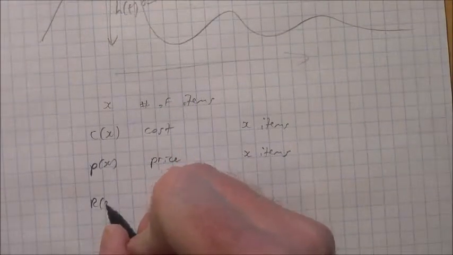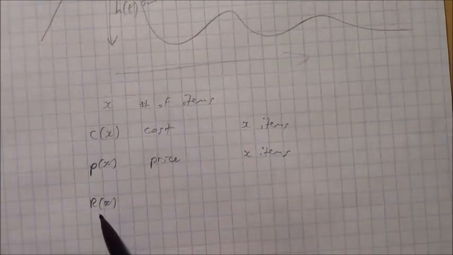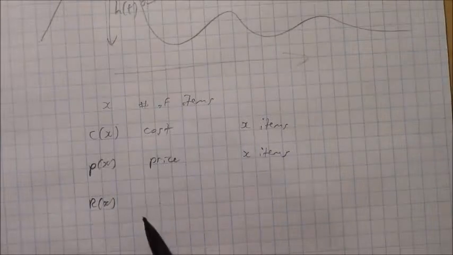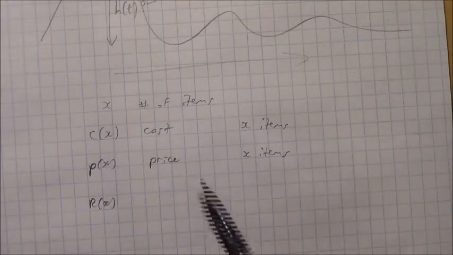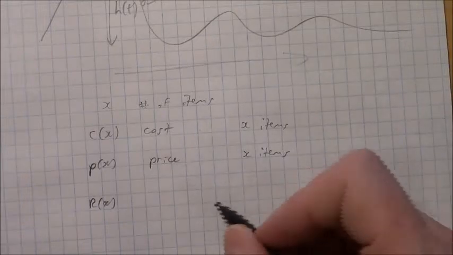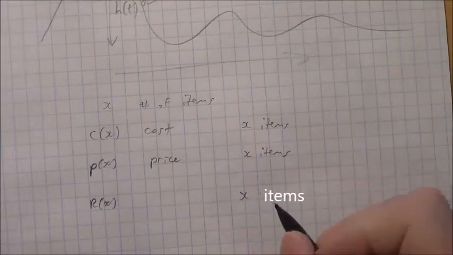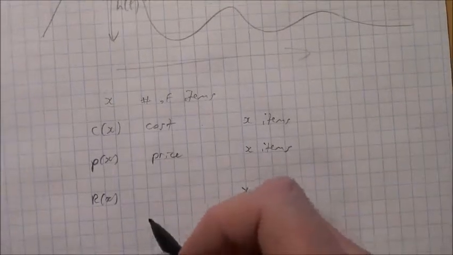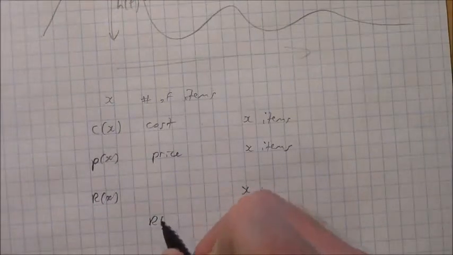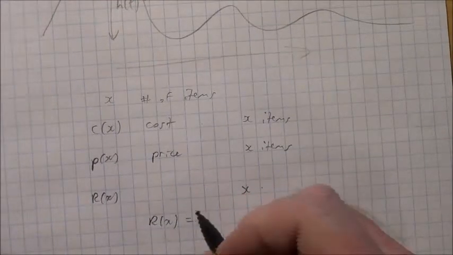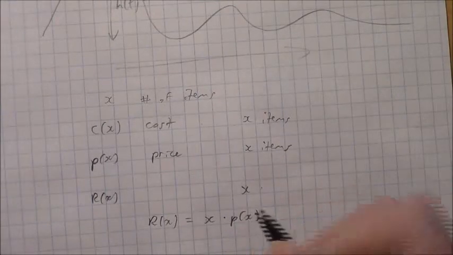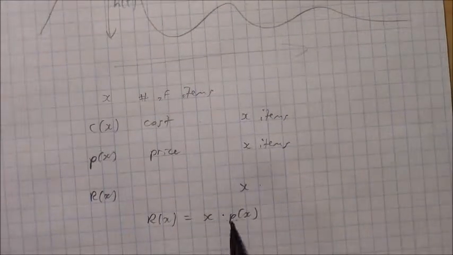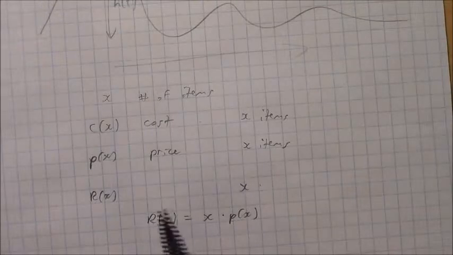We look at capital R of x, which is the revenue function. So that's revenue from selling x items. And so revenue is then the number of items sold multiplied by the price per item. So the number of items multiplied by the demand function will give you the revenue function.